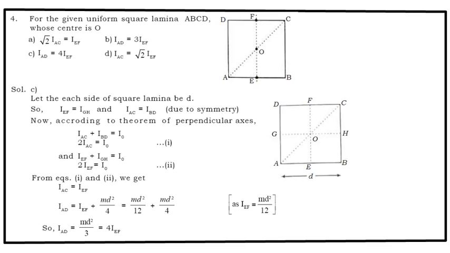When I open the bracket, I get md square upon 12 plus md square upon 4. So I_AD is equal to md square upon 3, which is 4 times I_EF. I hope you understood.